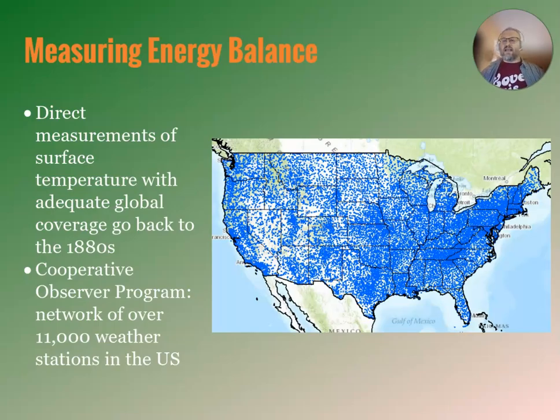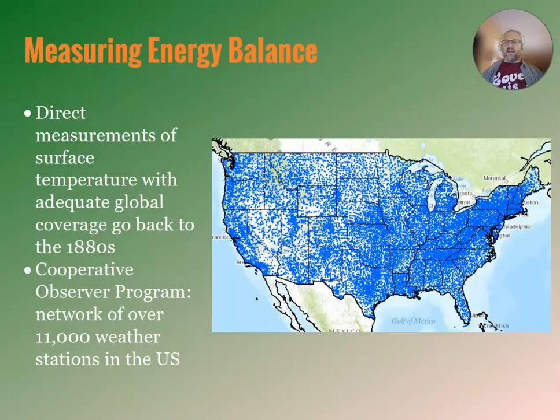So this is a map of participants in the Cooperative Observer Program, which is a network of over 11,000 weather stations in the United States. So you have all these people that are recording temperatures, usually on an hourly or even minute by minute basis, continuously.